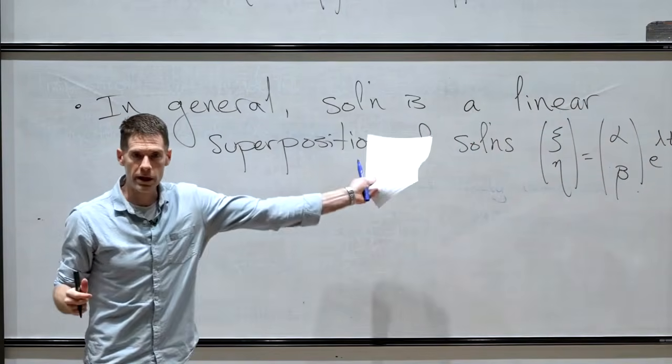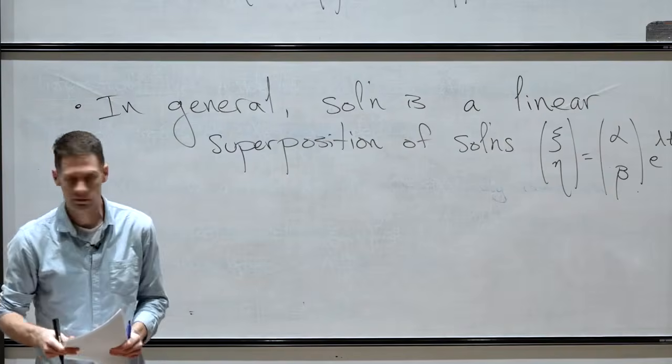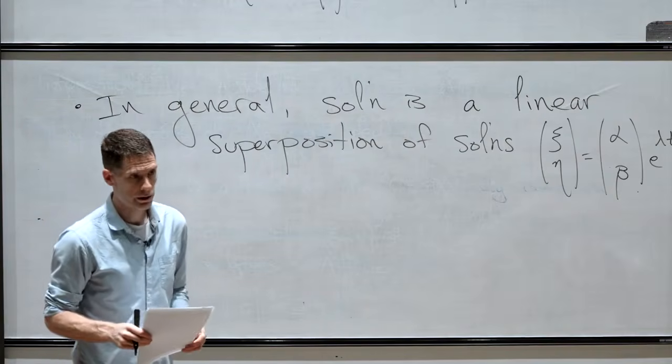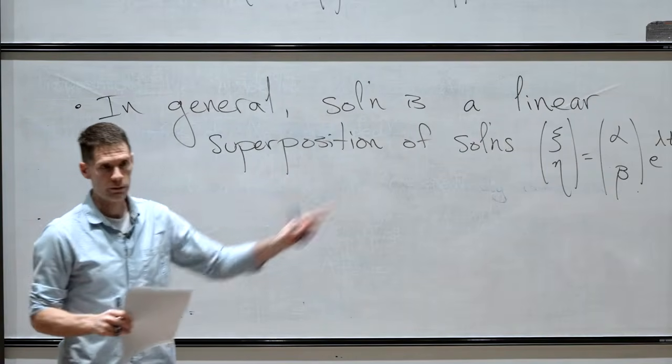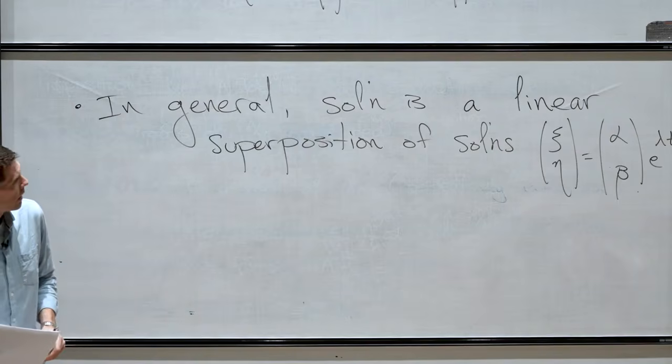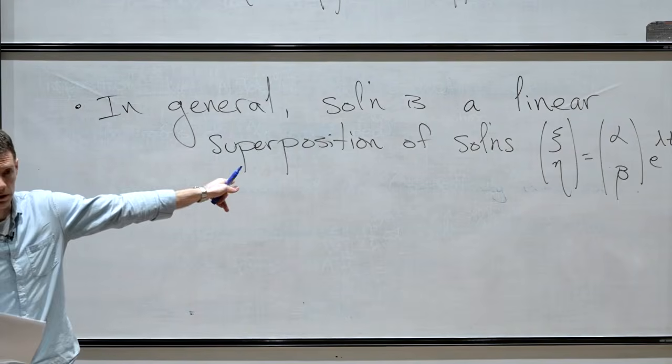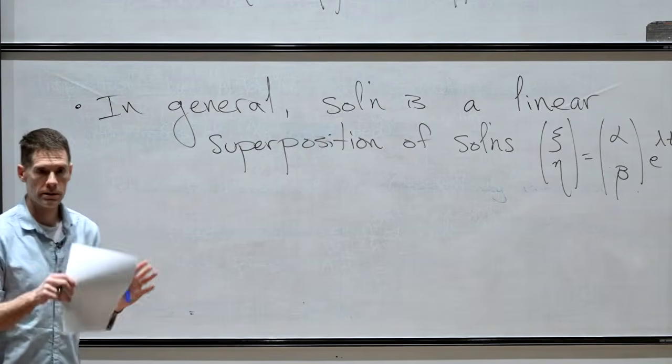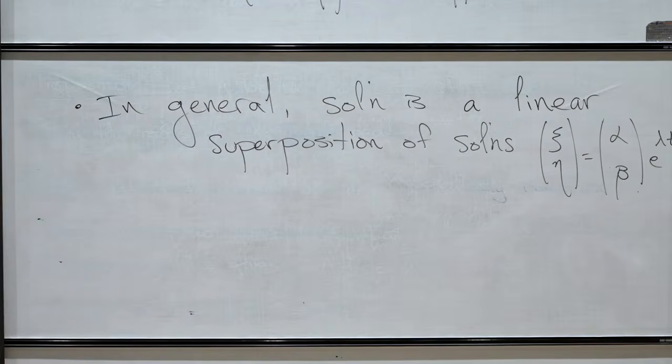Generically, I find a lambda, I find an alpha and beta, the corresponding eigenvector, and I get a solution which looks like that. I'm going to have 4 of those, and my full solution is just the sum of those 4, because this is a linear equation.